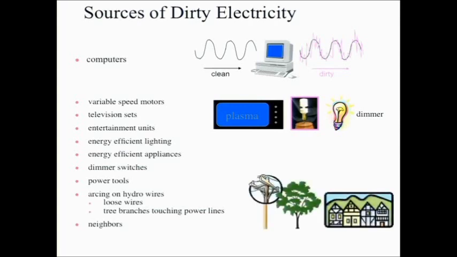What's particularly disturbing is that even if you clean up your own home, if you happen to be sharing a transformer with neighbors, if they have dimmer switches in their home or other products that generate dirty power, it will come into your home as well. And this can be very easily demonstrated. You can also get dirty power coming in from unfiltered broadcast antennas and cell phone antennas.